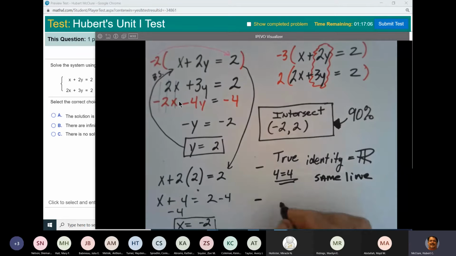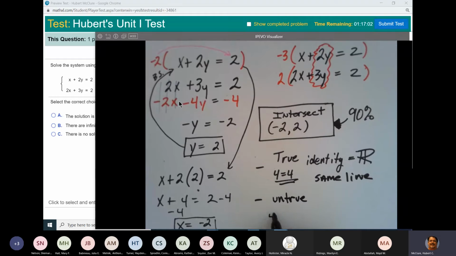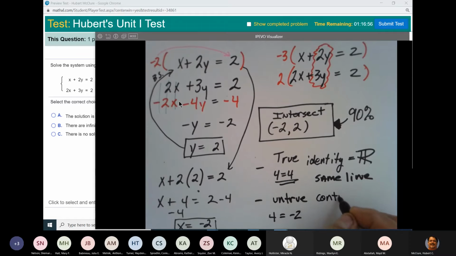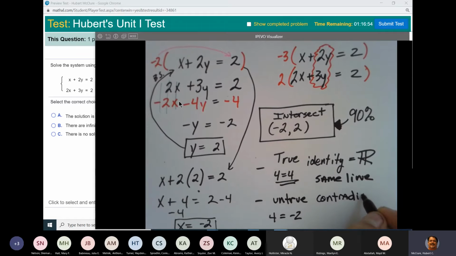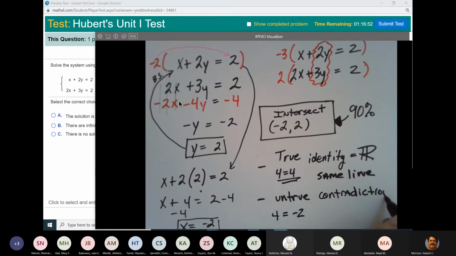Or you're going to have an untrue statement, 4 is equal to -2, and that means you got a contradiction, which means parallel lines, which means they don't what? They don't intersect, Hubert.